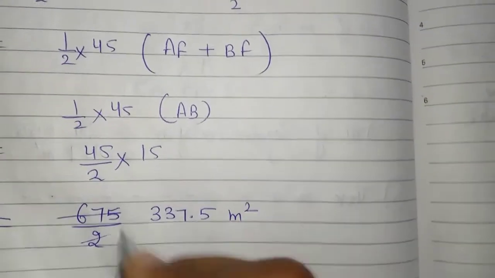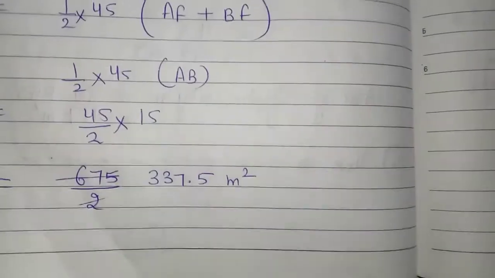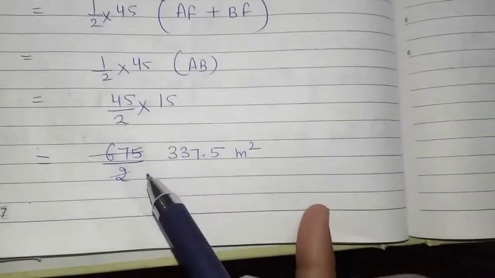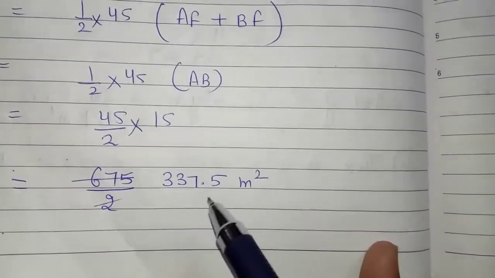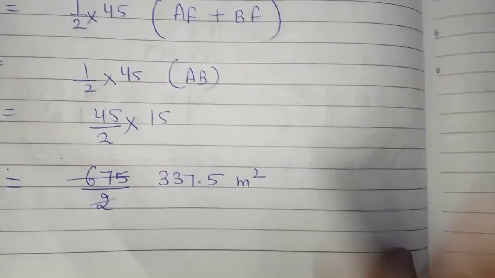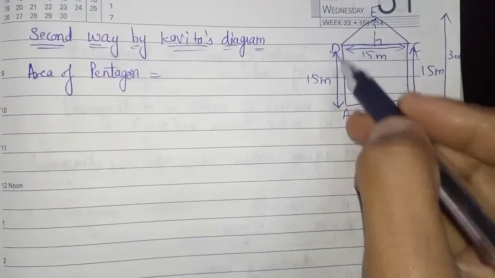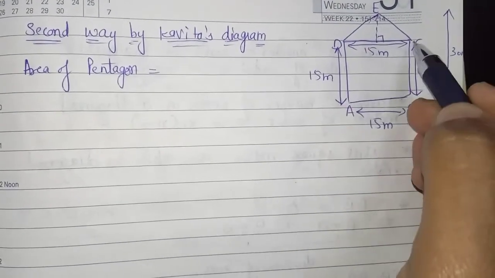You can calculate this by dividing these two terms. So here by Jyoti's diagram we get the area of pentagon 337.5 meters square.